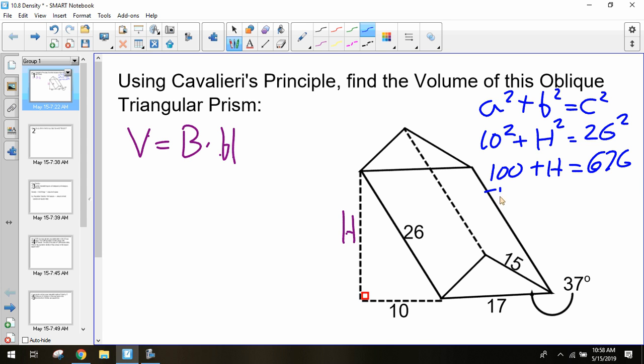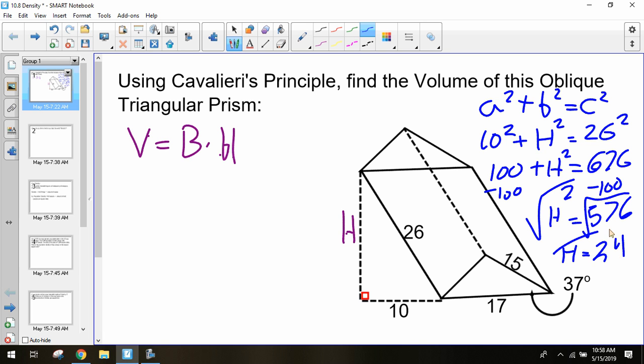Then we subtract 100, and we get h squared equals 576. One more step, of course, square root, and we should get our height, which is 24.